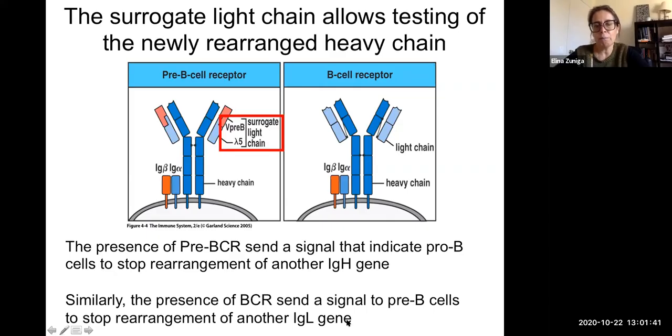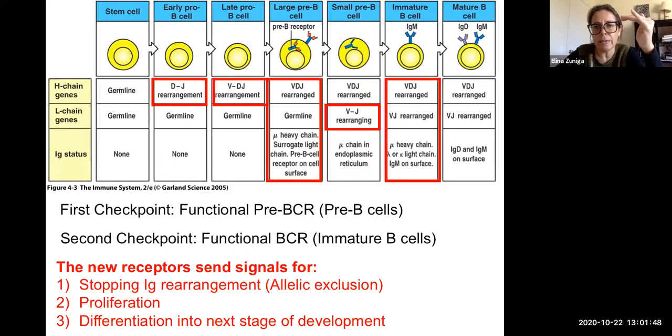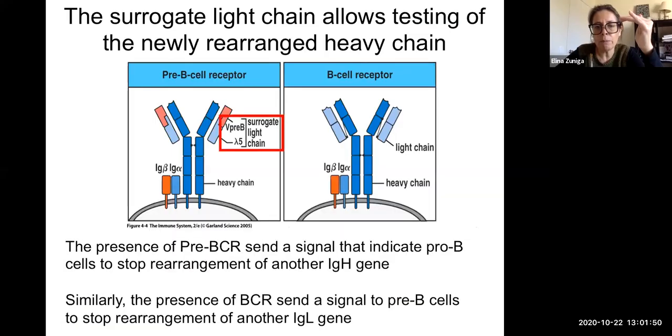Okay, it always starts with the lambda, and so we want to make sure there's no rearrangement in kappa, and that there's no rearrangement in another copy of the chromosome. So again, because we want to have only one version of the variable region of the light chain, to avoid having different specificities within one cell, one clone of B cell.